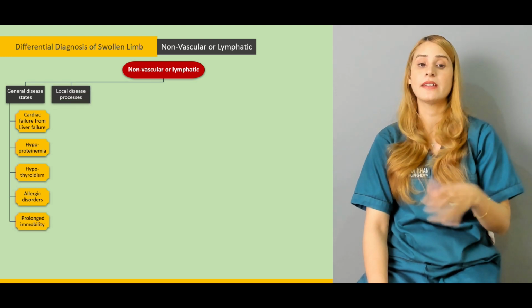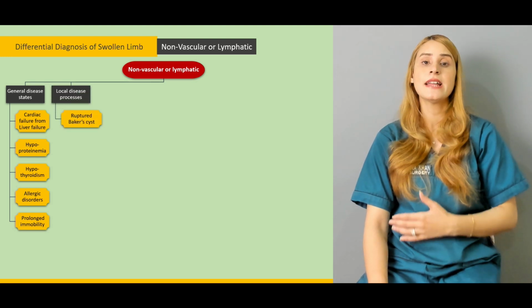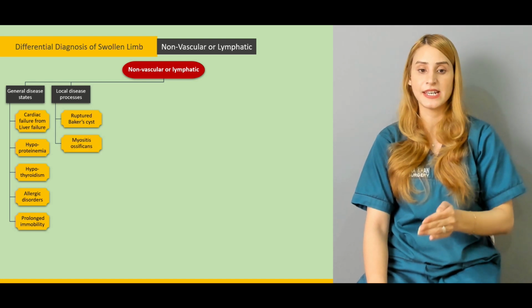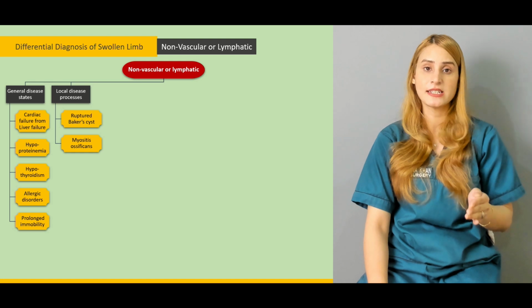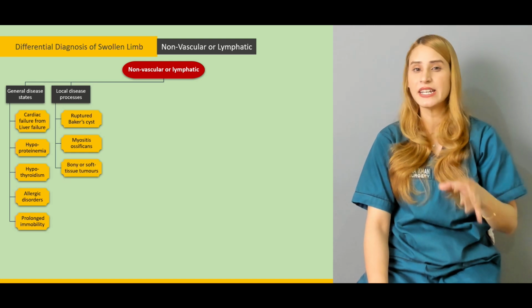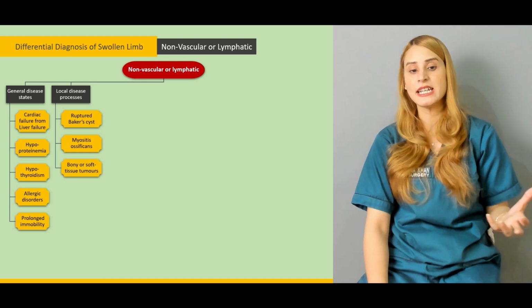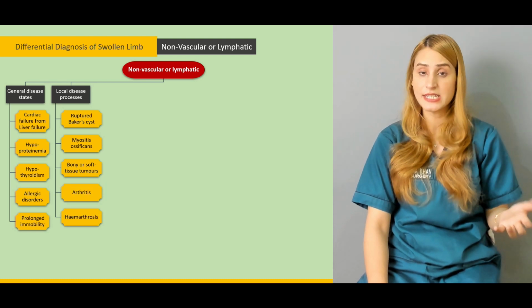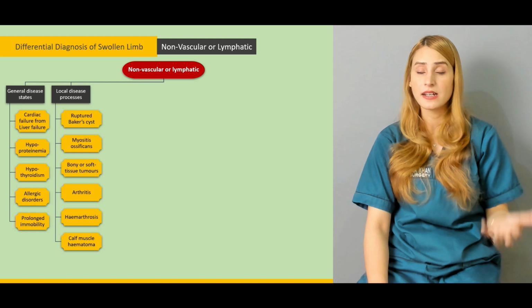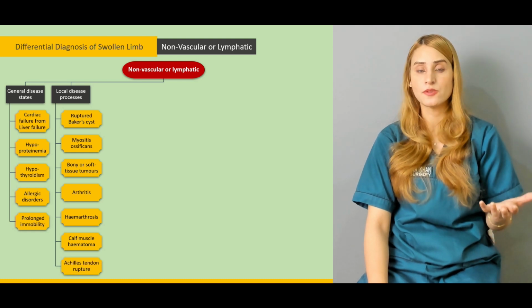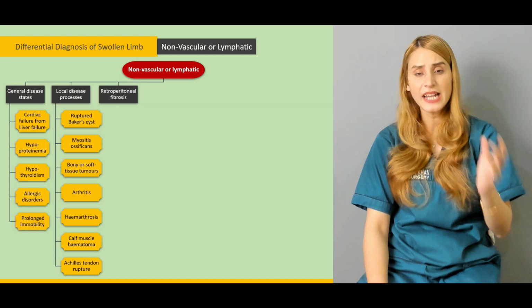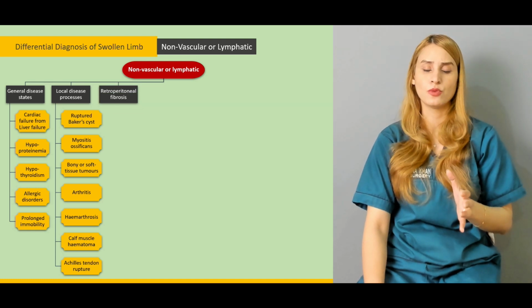Then if we talk about the local disease processes, there could be cellulitis, a ruptured Baker cyst, and myositis ossificans, which is an inflammation related to the muscles. Bony or soft tissue tumors, arthritis, hemarthrosis, and capsule hematoma are also important. Achilles tendon rupture is a localized cause for the swollen limb.